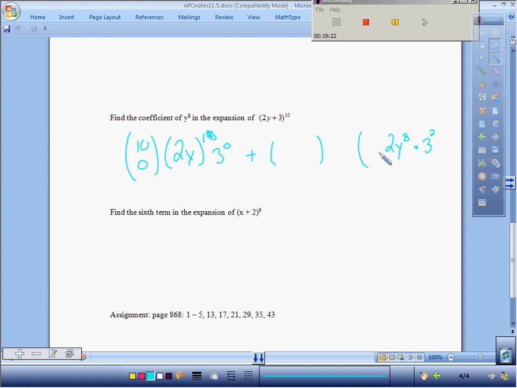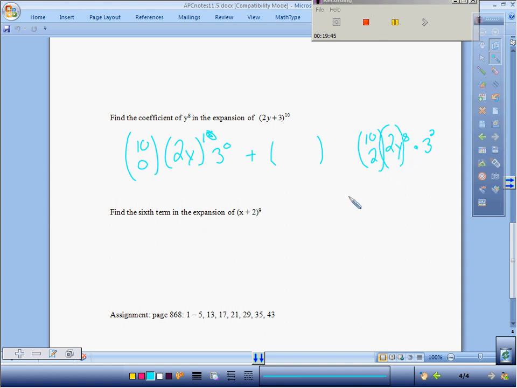And then in front of it, I would have a 10 combination. Since this is the third term in the sequence, this would be a 2, because this is the first term, second term, third term. Yes, sir? Yes, sorry. Nick is right. That should be like that.